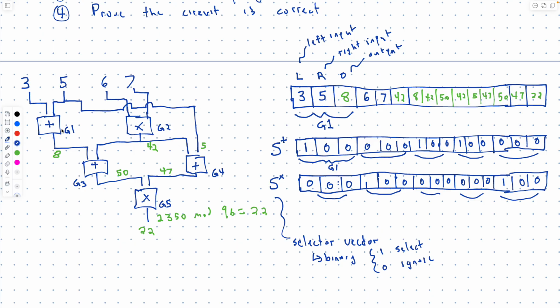So here, gate 1 feeds into gate 3. That's not captured yet. You could kind of guess at it because you say, oh, there's an 8 here and there's an 8 here, so I wonder if the output of this feeds into the input here, but it's not explicitly said. This 8 might have been a public input or something else.